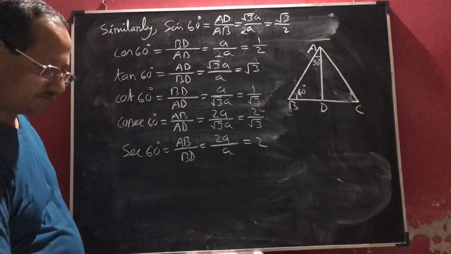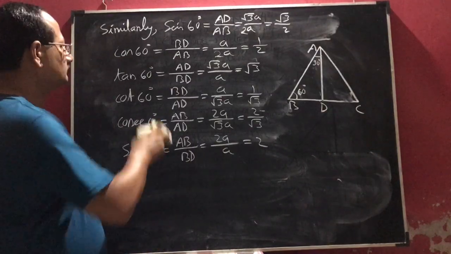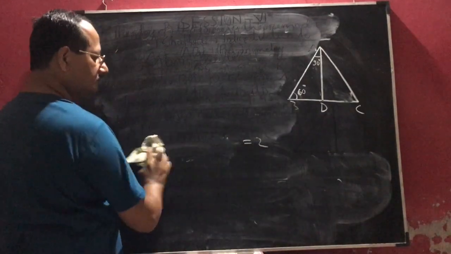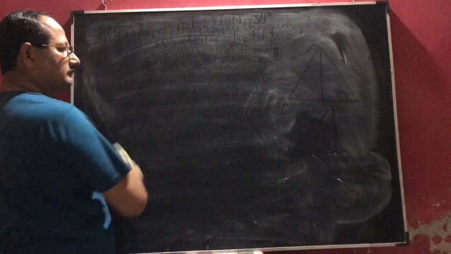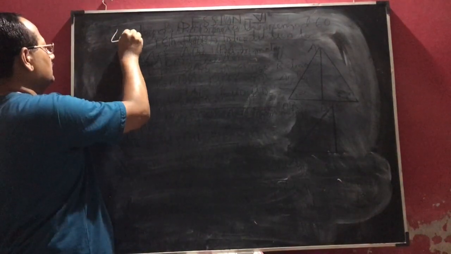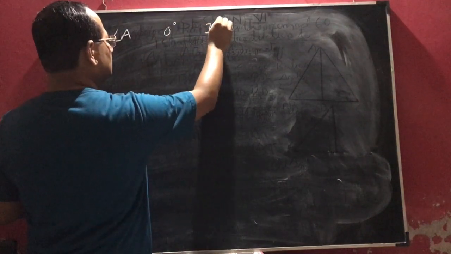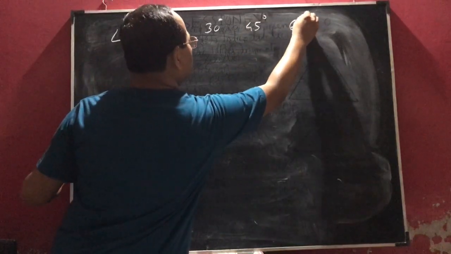Now construct a table. Take angle A as 0 degree, 30 degree, 45 degree, 60 degree and 90 degree.